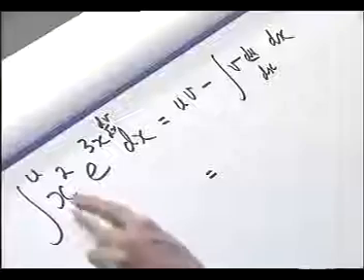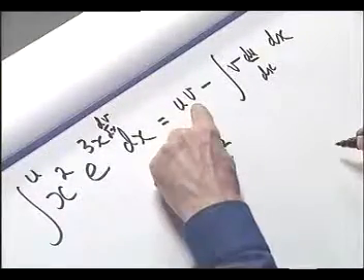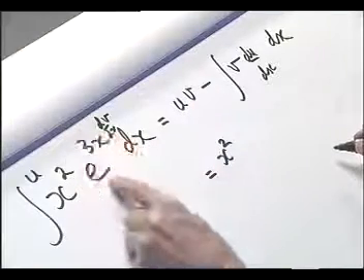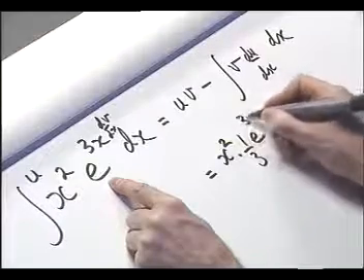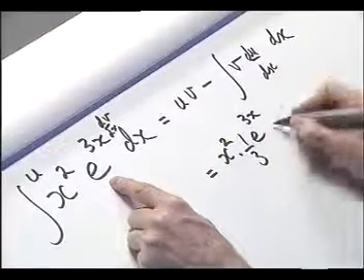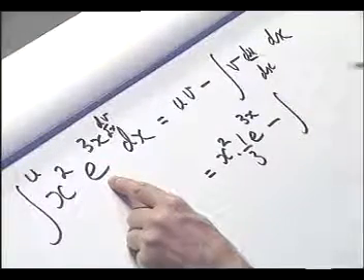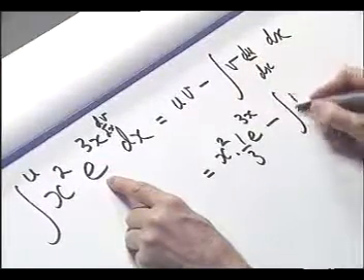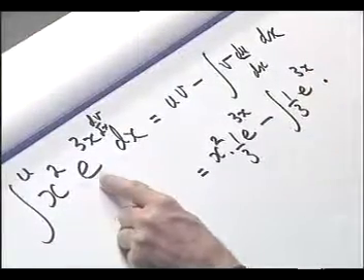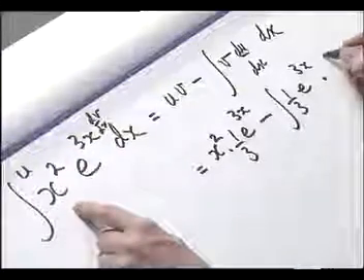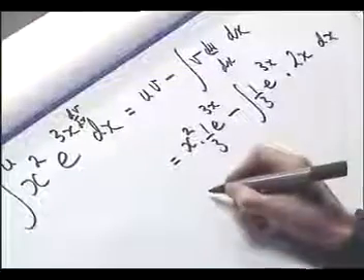So u equals x squared. Now we want v, so we need to integrate e to the 3x, which will be 1/3 e to the 3x, minus the integral of v, which is the same again, 1/3 of e to the 3x, and this time times du by dx, times 2x with respect to x.